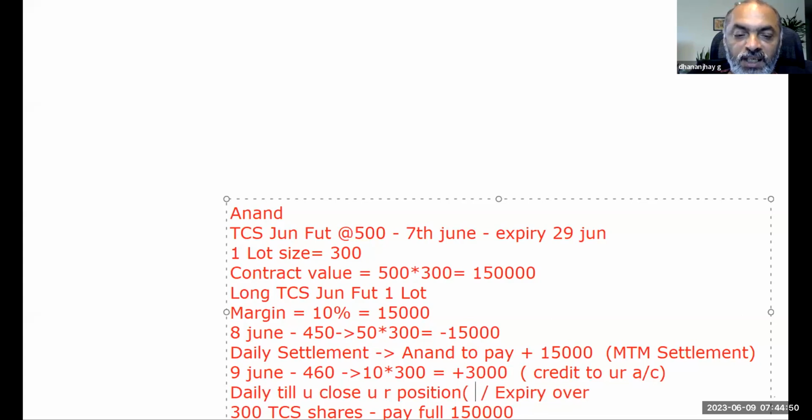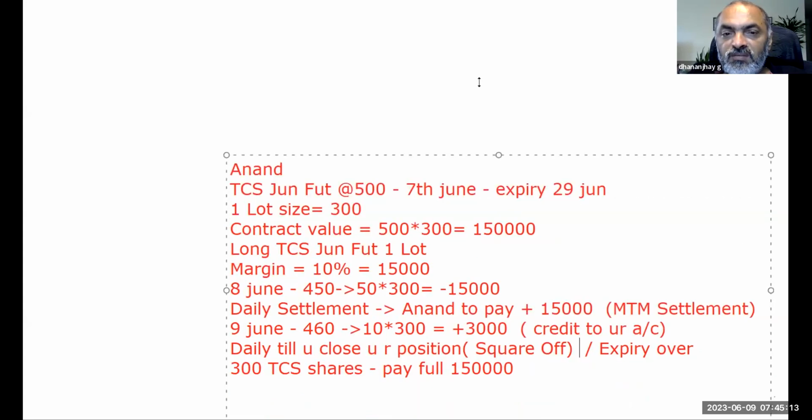What does close your position mean? This is called, in jargon, square off your position. What do you mean by square off? If you are long a position, you will sell and square off. If you are short a position, you will buy and square off. That means your net position will become 0 after square off. Are you clear?